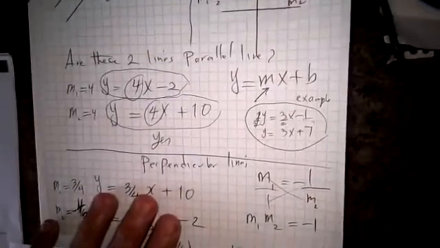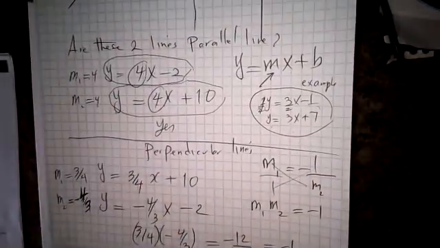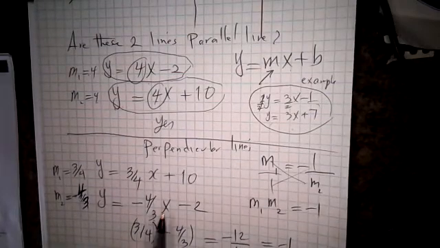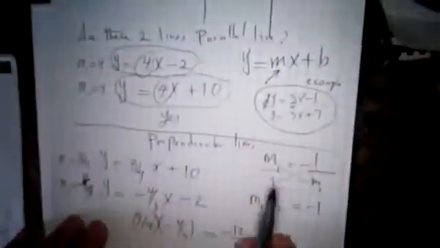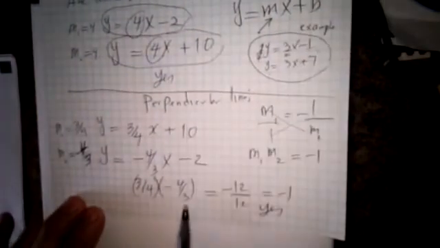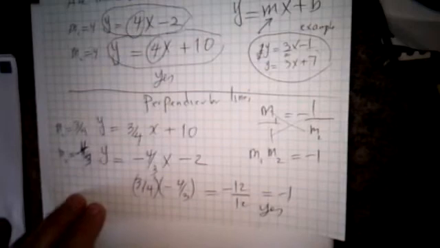Two lines are perpendicular if, see in this example, one slope is 3/4, the other one is -4/3. If you multiply both slopes and happen to get -1, then you can tell, yes, these two are perpendicular lines.